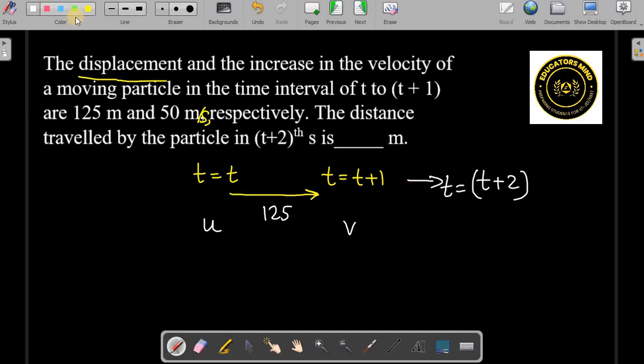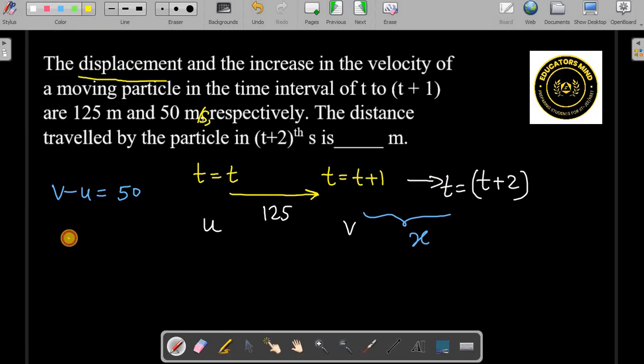In this time, what will be this distance? X they are asking. Let us say that this is x. So if I take initial velocity u, we don't know what it is. So what they have given is v minus u, the increase in velocity, is 50, and this displacement is in the tth second. So this is actually the tth second, and this will be the t plus 1th second.